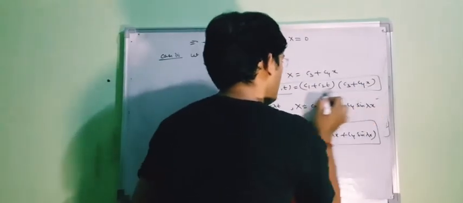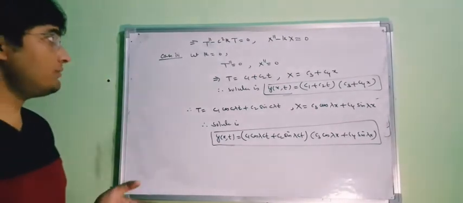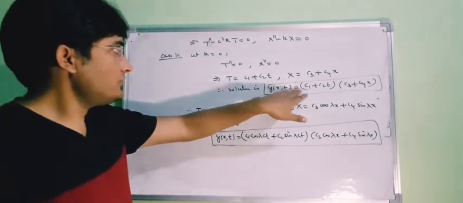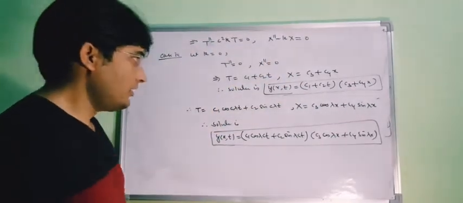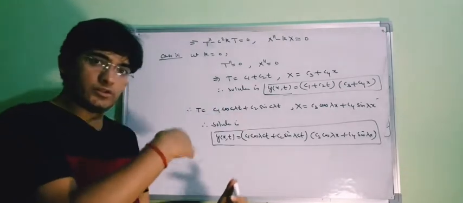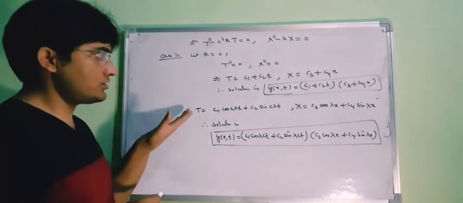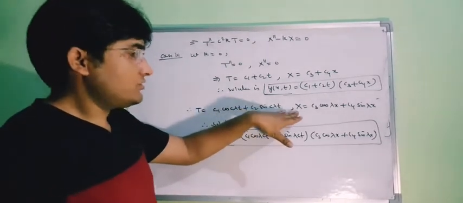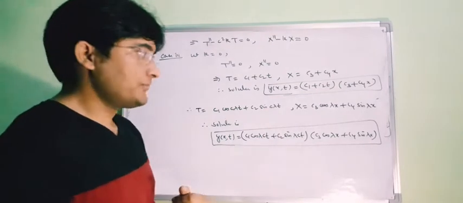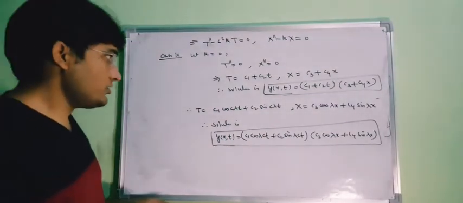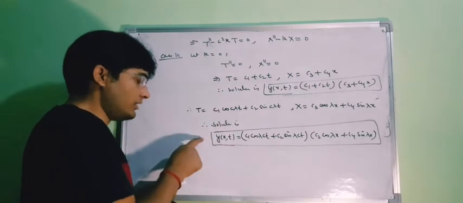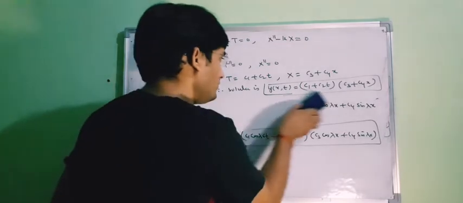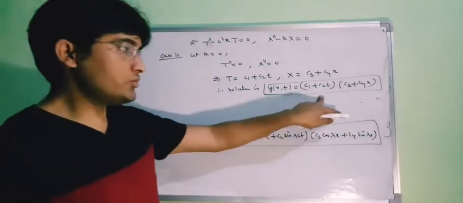So these three are the possible solutions of the wave equation. We have three possible solutions for the one-dimensional wave equation. Now, as we are dealing with the transverse motion of the string, the solution must be periodic. So as the solution must be periodic, we will only take this as the solution of the one-dimensional wave equation, and we will reject the remaining two solutions.